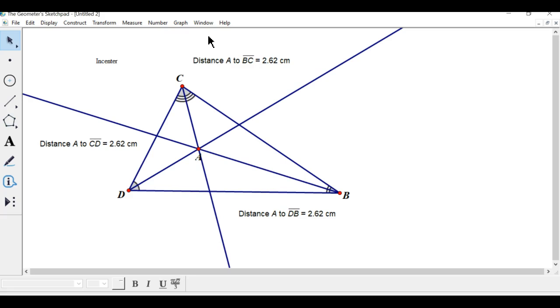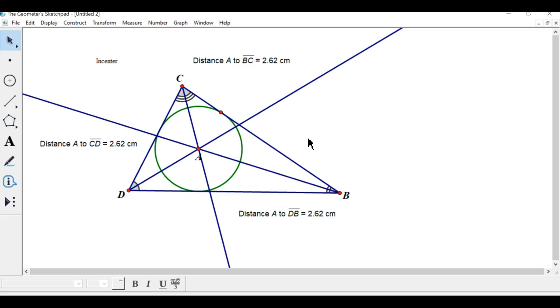Where the circumcenter was equidistant from all the vertices, the in-center is equidistant from all of the sides of the triangle. We can play the same game with the circle and put it right against each of the sides, and you'll see that it is tangent to this side, this side over here, and this side there. So this center is the center of the circle that can be inside the triangle. This is why we call it the in-center.